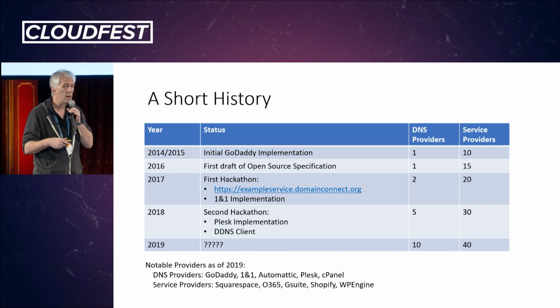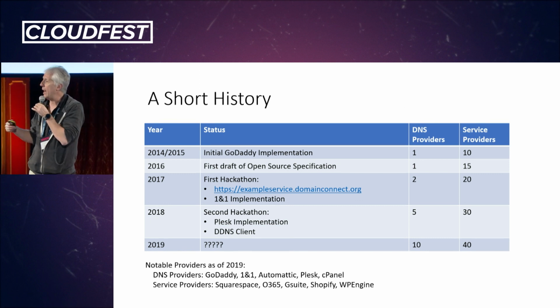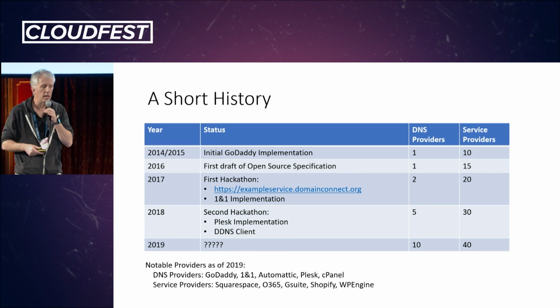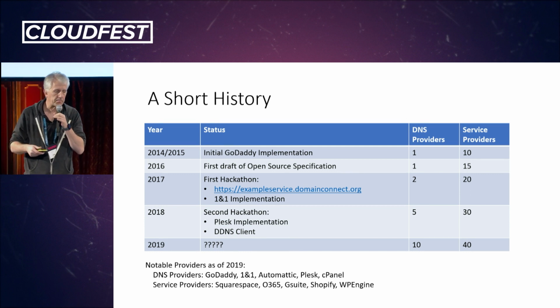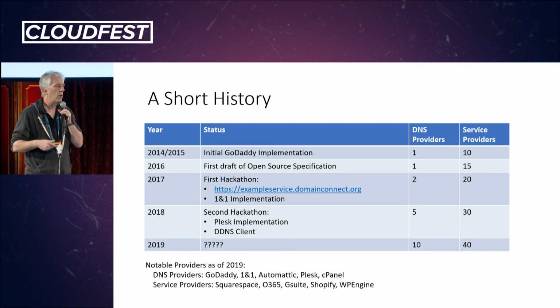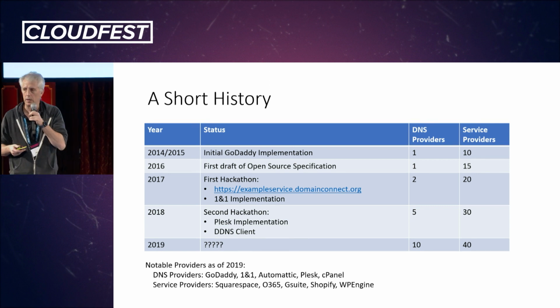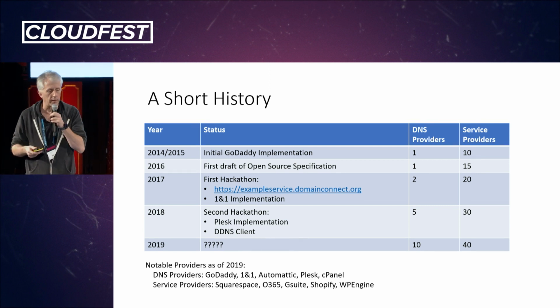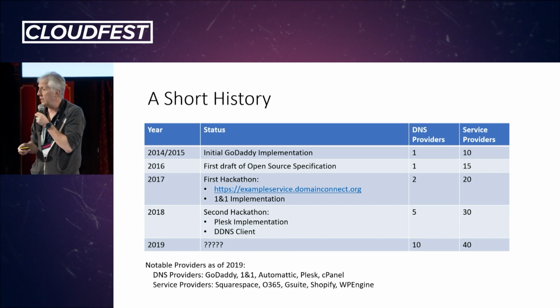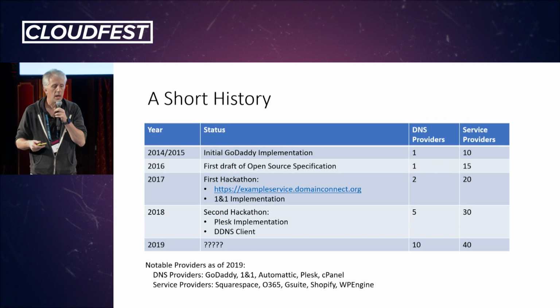We also built a great example program of how services can implement the protocol, and that's live on the internet at the URL on the screen. Last year at the hackathon, we moved things forward more. We started working with the team from Plesk and added support for the protocol to them as a DNS provider. We also built a really cool little applet that did dynamic DNS on a PC.